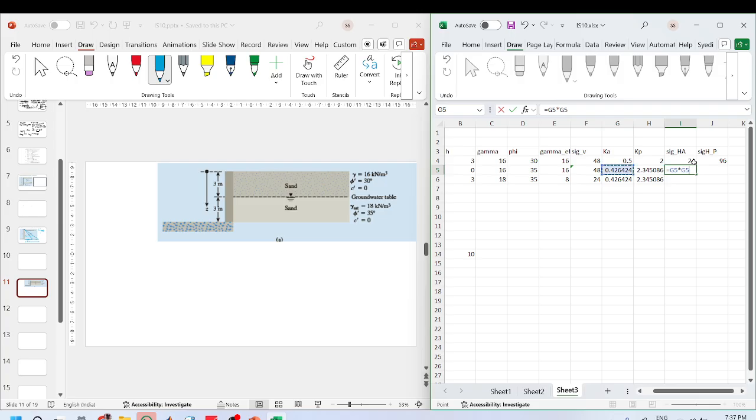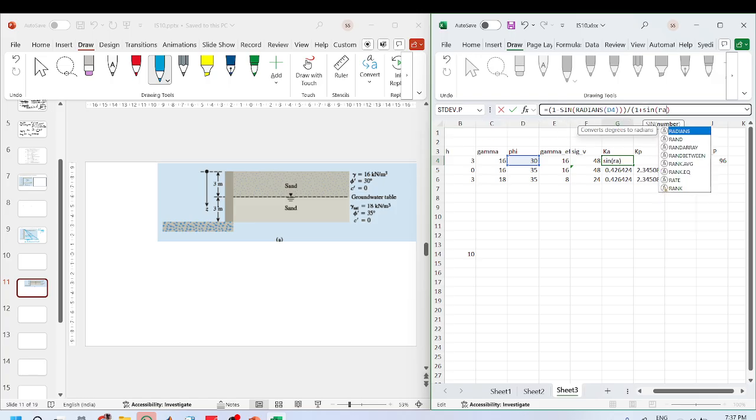Madam, sorry to interrupt. No, no issue, you can always ask me a question. The Ka and Kp values are wrong, madam. For 30 degrees, it's 0.33, no? Some error is there. Check it, madam. First layer 30 degrees. Okay, I did not divide. You have taken the equation with plus; copy it and change the sign, numerator you can copy and change the sign. It's okay.